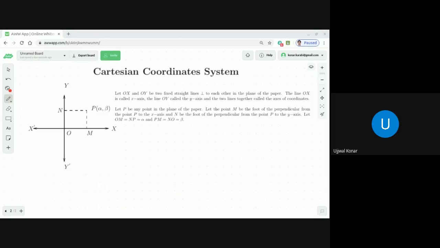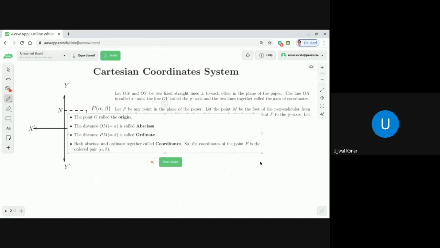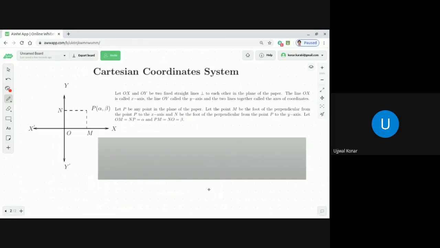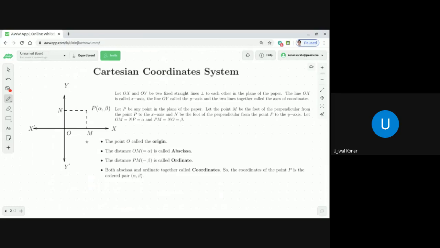So whatever I just said, let me put it down. And as I was telling, these are the different attributes of a Cartesian coordinate system. What are those? The first one is the point O. Point O is called the origin. The distance OM is called the abscissa. That means how far it is from the y-axis. So this distance alpha is called the abscissa.